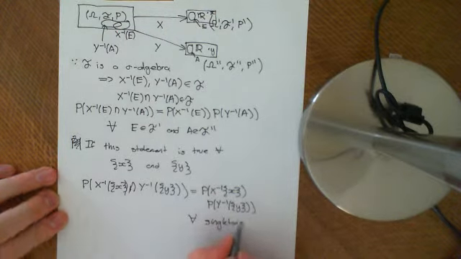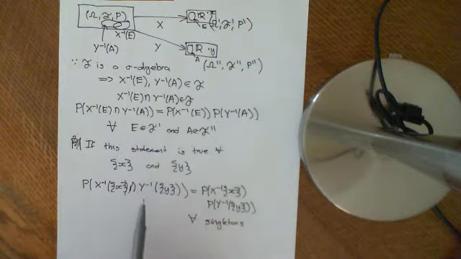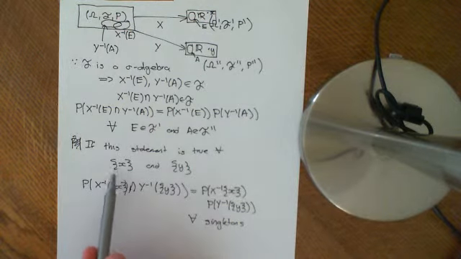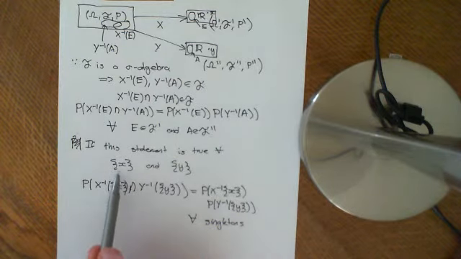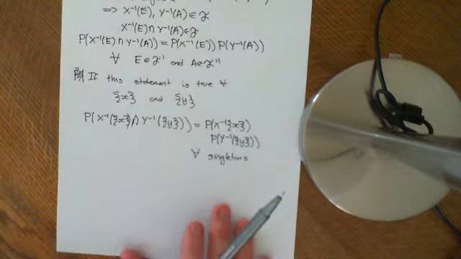Then it's going to be true for all sets, and you can show that simply because every event is just going to be a countable union of these, and then you'll just use the second axiom of probability spaces.